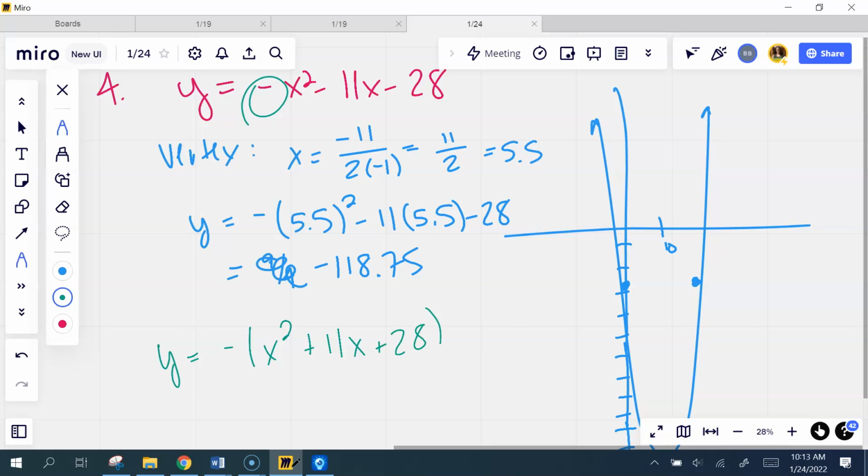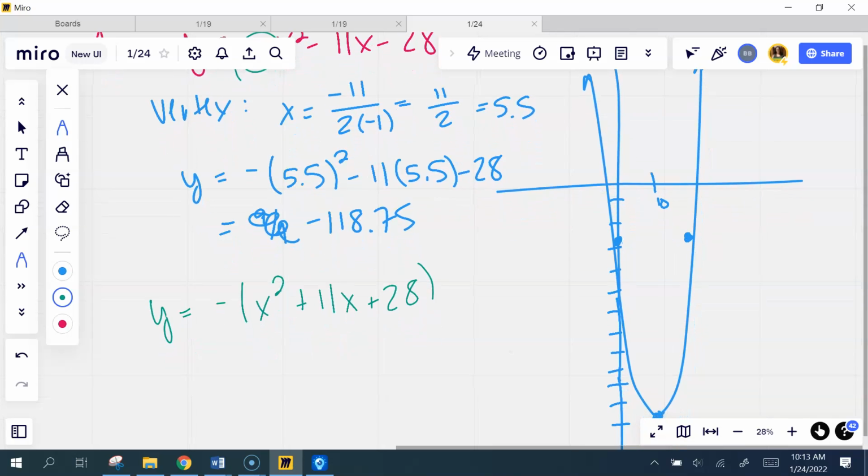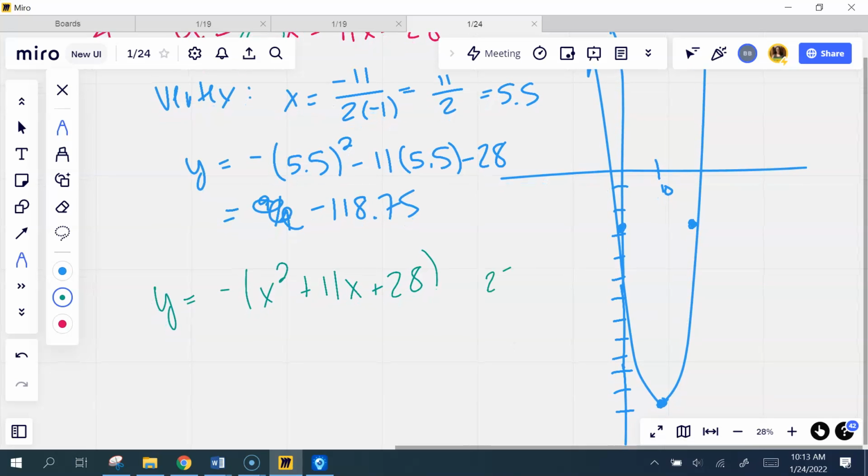What multiplies to 28x squared but adds to 11x? 7 and 4. 7x and 4x. And so now keep that negative with it as you go down. X squared plus 7x plus 4x plus 28.